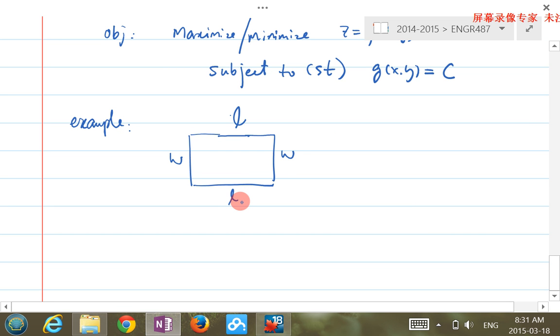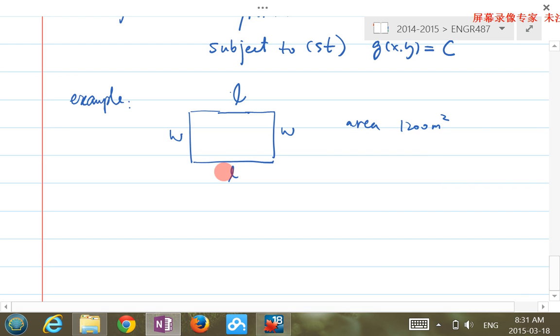What you know is you're designing the fence with an area that has to be 1200 square meters. It's pretty big. Then you also know that for this side facing the road, you're using a high quality material, $50 per meter.